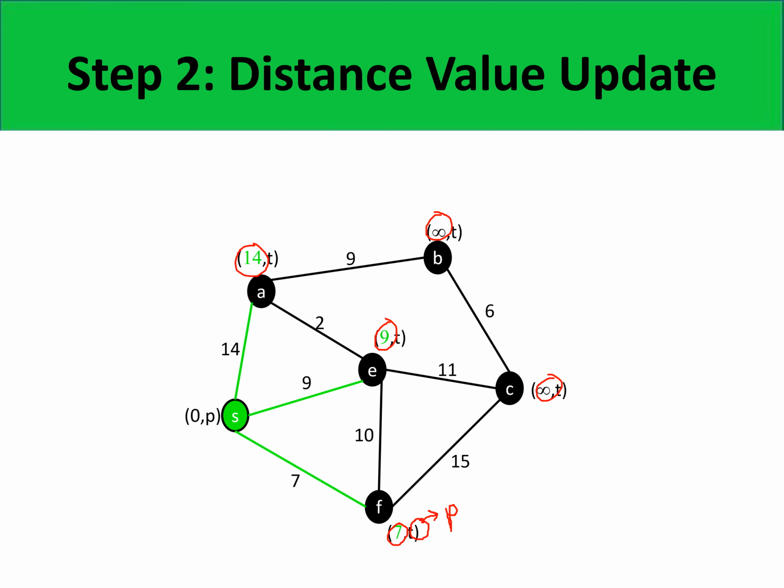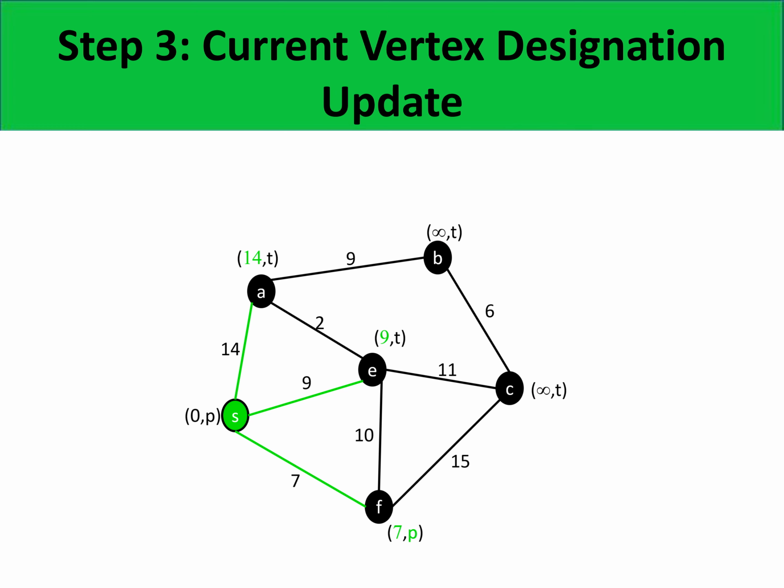So this means that the shortest distance from S going to F is equal to 7. Now, since the status of vertex F is changed from temporary to permanent, we say now that the vertex F will be our new current vertex.